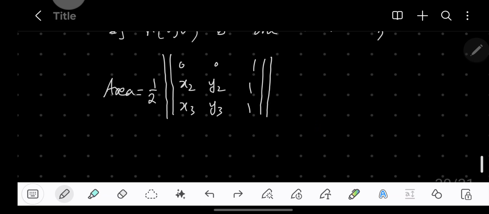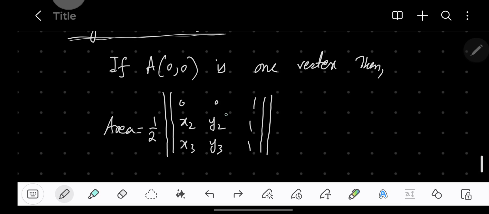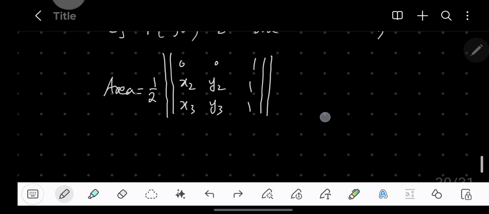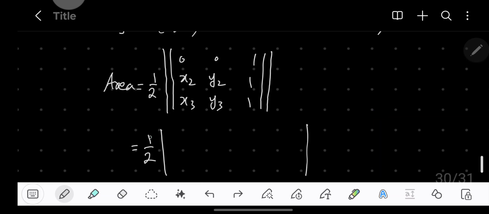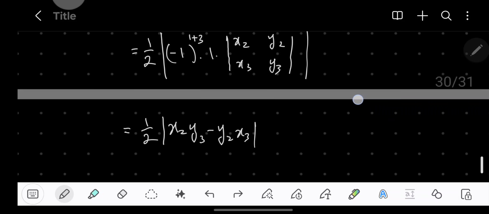If we expand this determinant along the first row, because the first row has two zeros, I will put the determinant outside, and then for the first row, this is 0, this is 0. I will not write these two values. I will write this value. Since this is in the first row and the third column, I will write negative 1 to the power 1 plus 3 times 1 times the determinant obtained by deleting this column and this row, which is x2, y2, x3, y3.